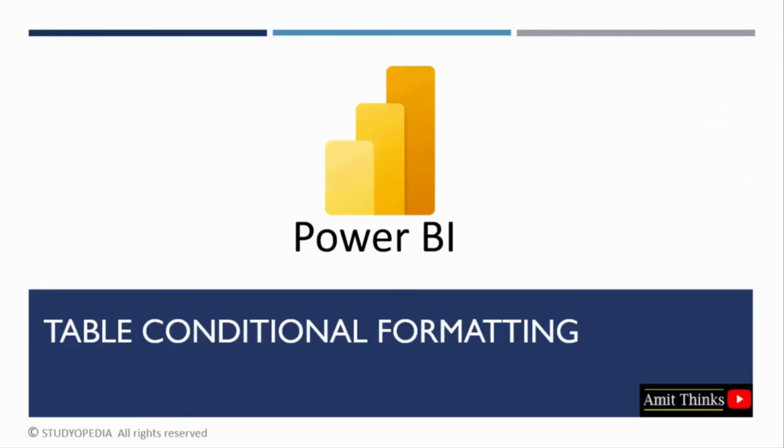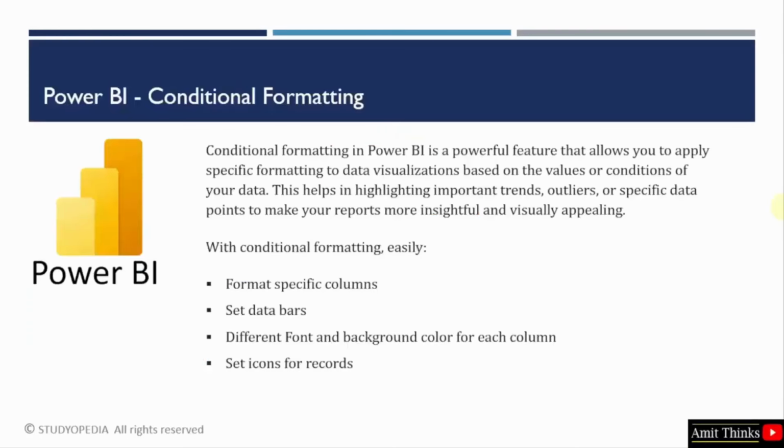In this lesson we will see what is conditional formatting in a table. With that we will also implement it in Power BI. So this is a feature that applies specific formatting based on the values or conditions of your data.